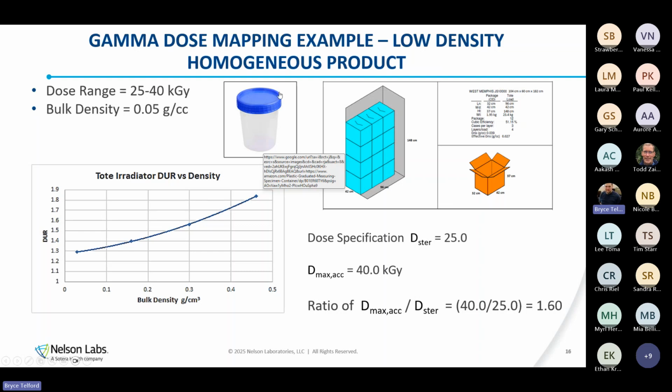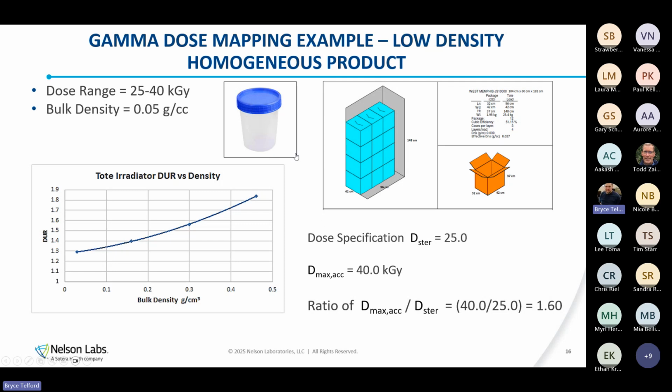But if I'm hitting it with an E-beam from the side, whether I'm hitting this bit of plastic or this bit of plastic, ultimately I have about the same amount of material, even though I have a varying amount of space. I do have a bit higher density area here at the cap, but overall, over the course of a whole load, this actually does tend to be a fairly homogeneous product, and it has a lot of air to it, so it does tend to be fairly low density.